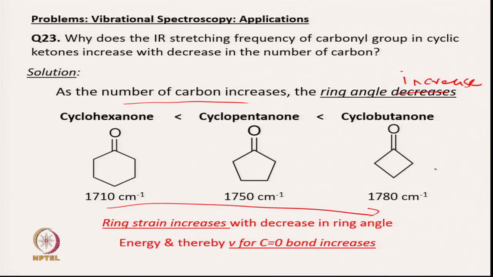Going from this to this side, the ring angle decreases, and ring strain increases with decrease in ring angle, and so the energy and thereby nu for the CO bond increases.